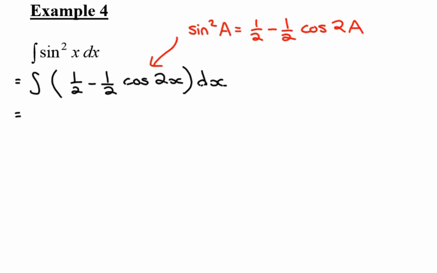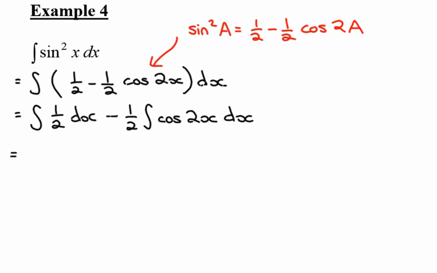Now I can split my integral, so I'm integrating a half minus the integral of the second term, and I'm going to take my constant out immediately. A half integral cos 2x dx.